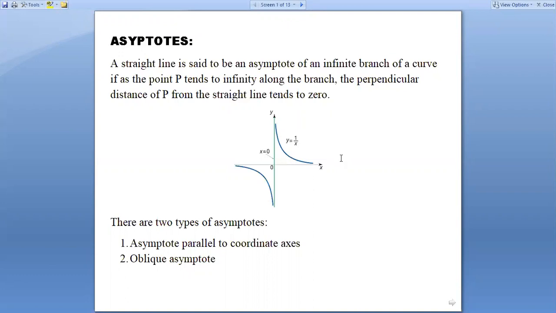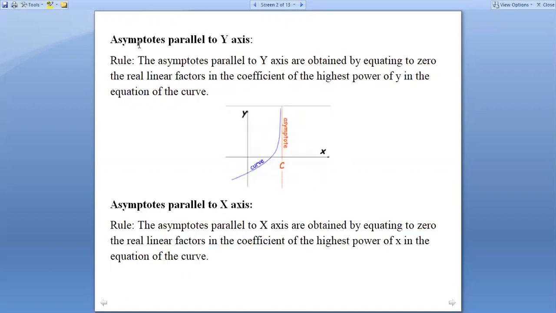Now we'll go to the next, the types of asymptotes. If you have an asymptote parallel to the y-axis, the equation of the asymptote is given by this rule. Any asymptote parallel to the y-axis is obtained by equating to 0 the real linear factors in the coefficient of the highest power of y in the equation of the curve.